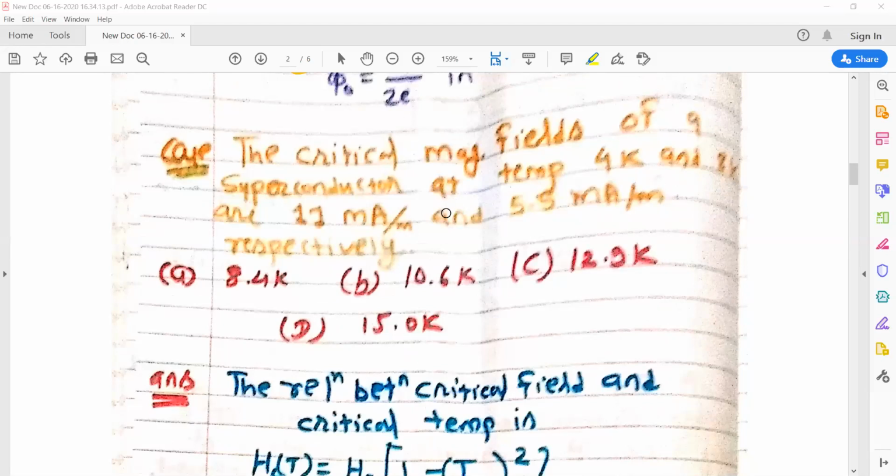In this case, what they have given is that at a particular temperature of 4 Kelvin, they gave 11 milliampere per meter as the critical magnetic field. Another one at 8 Kelvin, this critical magnetic field is given.